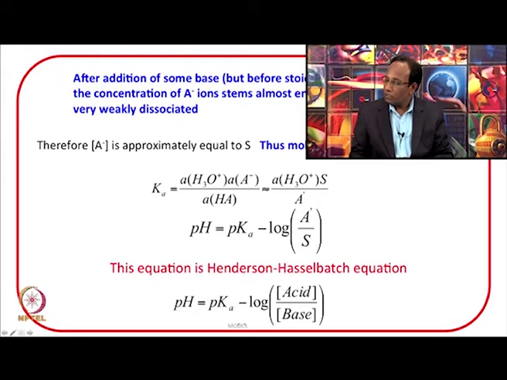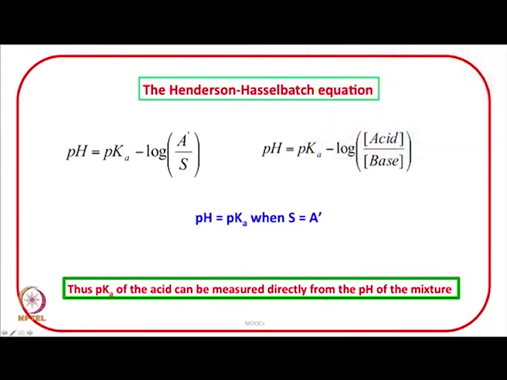We will discuss more about this in the next lecture, but now if I take A prime equal to S, that is when the concentration of acid is equal to the concentration of salt, then pH is equal to pKa. That means the pKa of the acid can be measured directly from the pH of the mixture. If we know the pH and the concentrations of acid and salt, we can measure pKa.